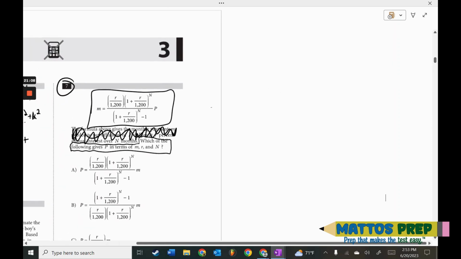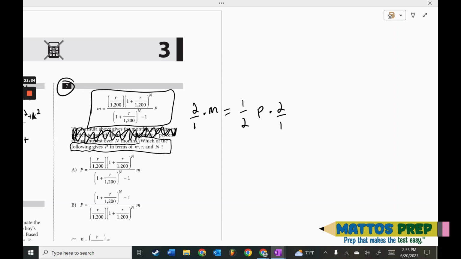Okay, so now let's go back to the original equation they gave us. They gave us M equals, nonsense we don't need, times P. So let's go back to what I said first, M equals 1/2 P. In order to give P in terms of M, we have to get P alone. All we do is multiply by the reciprocal, 2 over 1, which is just 2, but for the exercise it's helpful.